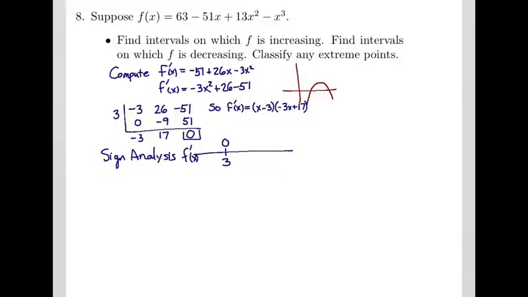The second factor gives a root at x equals 17/3. And from our graph we can see that the signs are negative, positive, and negative. Now we're ready to interpret.